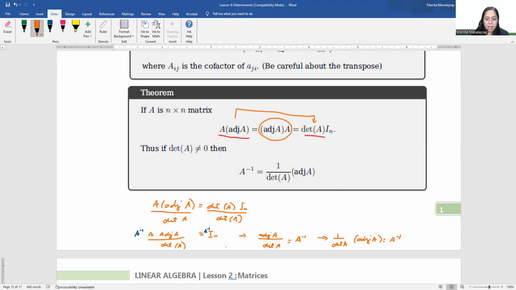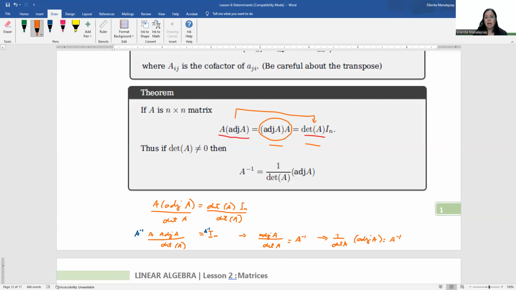Then, in a similar fashion, you can equate this one and this one. This time around, you will multiply A inverse at the end, such that A inverse is equal to identity times A inverse, and you will arrive at the same equation.